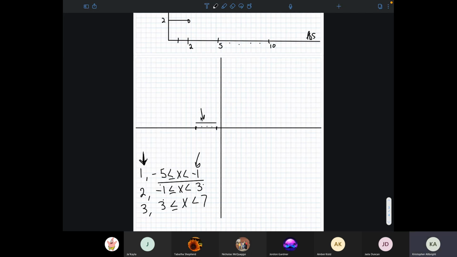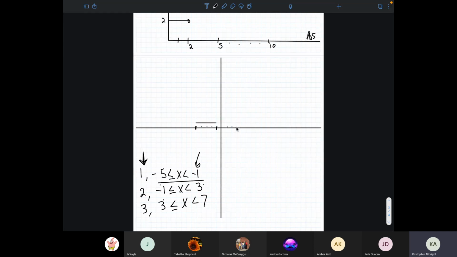So let me move on to the next. Sorry. So let me move on to the second part, and then maybe it'll make a little sense as well. So if we look at between -1 and 3, so -1 we've already found, it's right here. And then 3 is 1, 2, 3 right here. So I'm just putting a little mark just to mark it for myself.